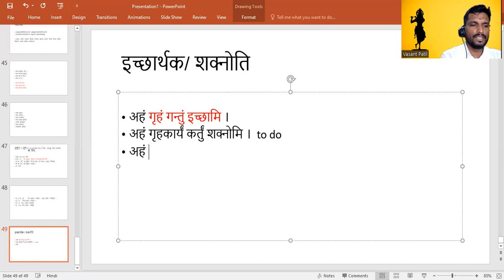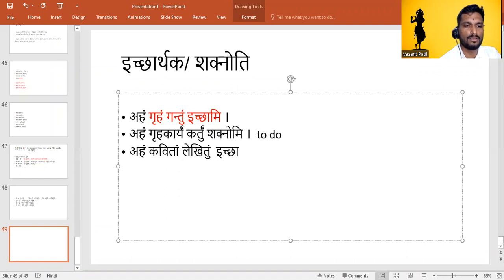Aham lekhitum ichhami. See, likha: li, e became a, and since it is a set dhatu, i came, lekhi. And tum, ichhami. So ichhati dhatu, with that the tumunta pratyaya. You can write down anything. Aham kavitam lekhitum ichhami.